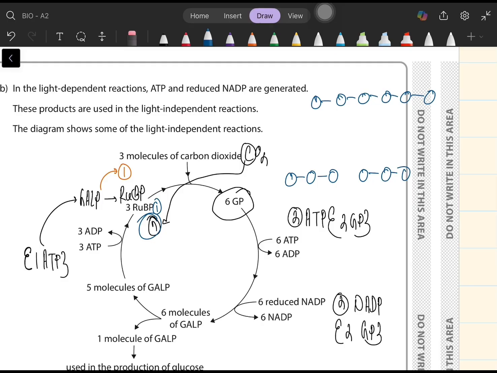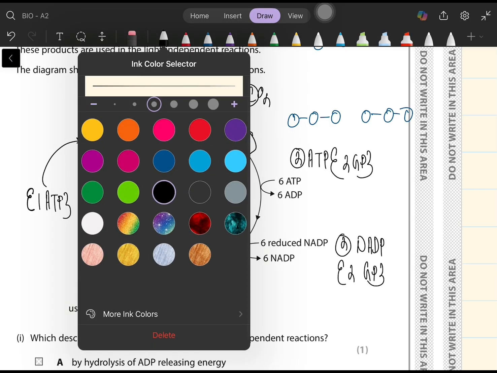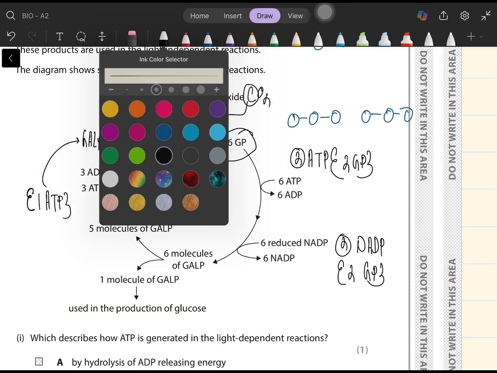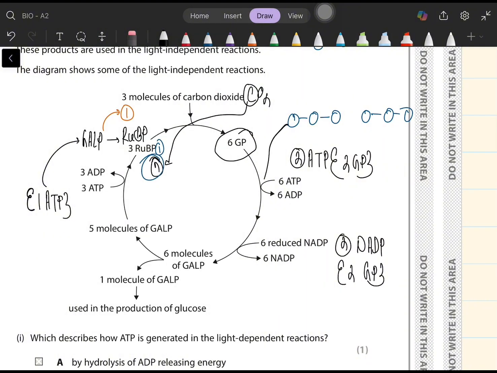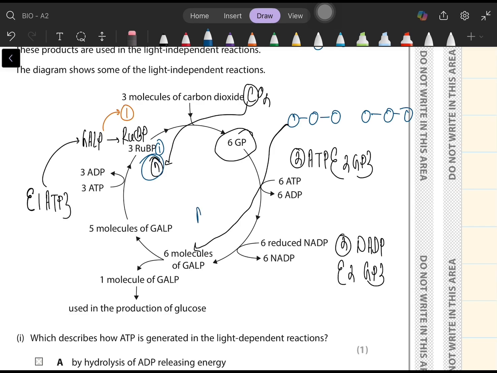1 2 3 4 5, right? And this 6 carbon compound is highly unstable and breaks down to form 2 three carbon compounds, and these are glycerate 3 phosphate, GP. The GP is then converted into GALP, glyceraldehyde 3 phosphate, and it requires ATP and reduced NADP.